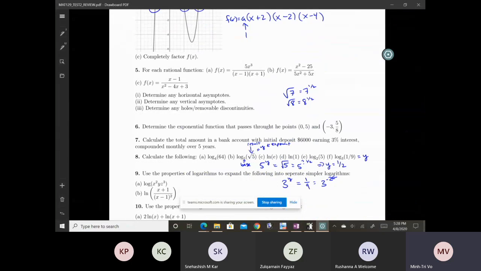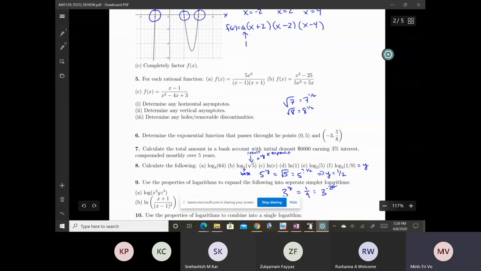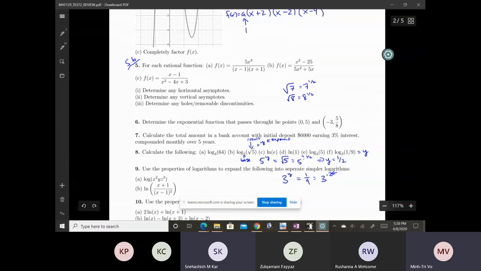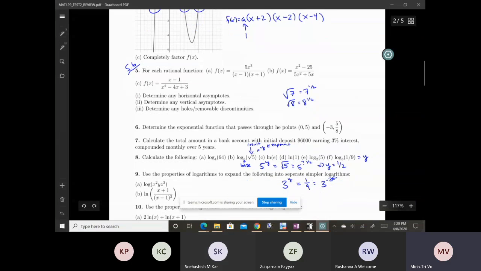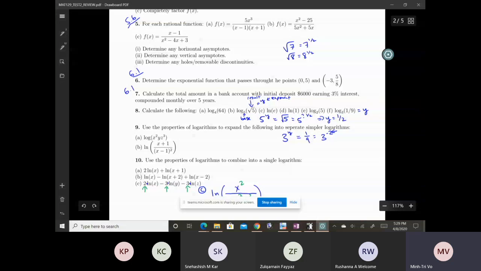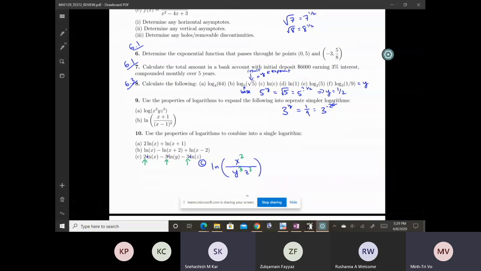Where was 5, rational function? That's 5.6. 6 is 6.1. 7 is also 6.1. 8 was 6.3. 9 is properties, so 6.5.